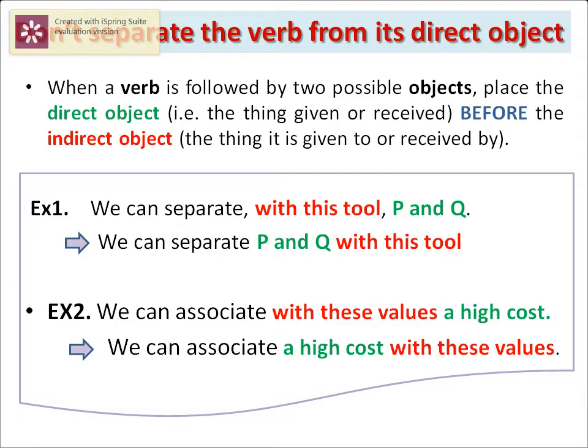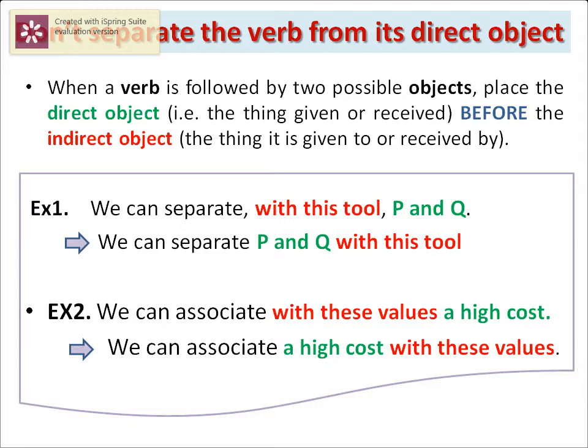Rule 02, don't separate the verb from its direct object. When a verb is followed by two possible objects, place the direct object, that is the thing given or received, before the indirect object, the thing it is given to or received by. Look at example 01. We can separate, with this tool, P and Q. In this sentence, the verb is can separate.